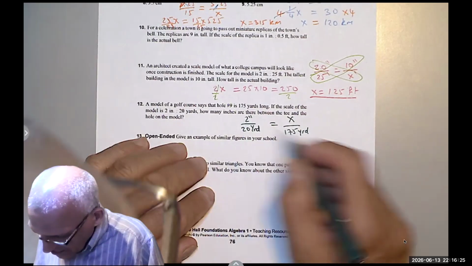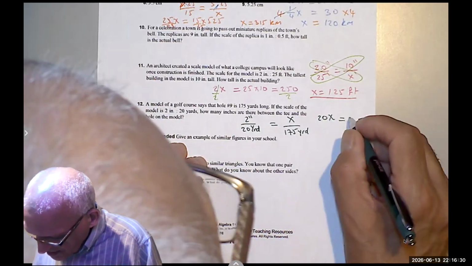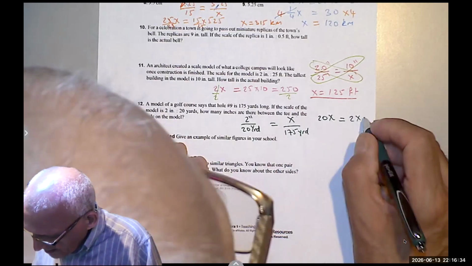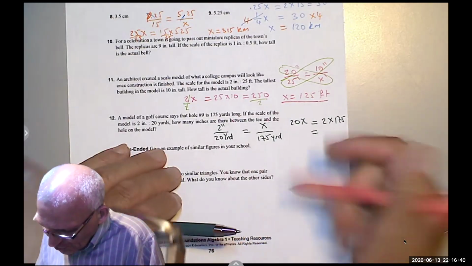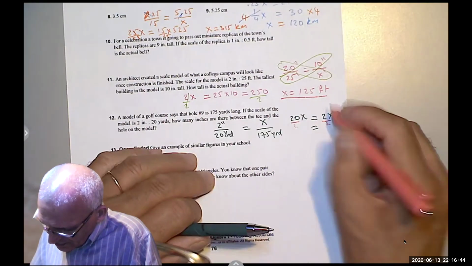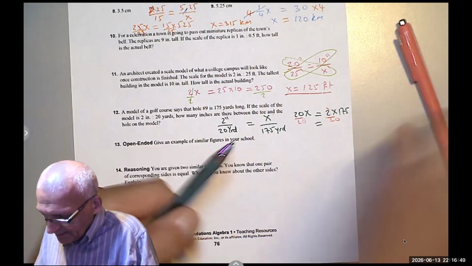And again, when I cross multiply, I get 20x equals 2 times 175. Well, in fact, I can divide by 2. I divide by 20, I divide by 20.